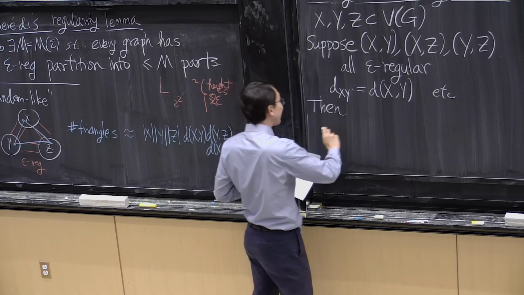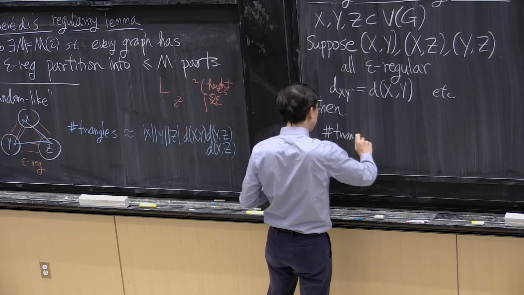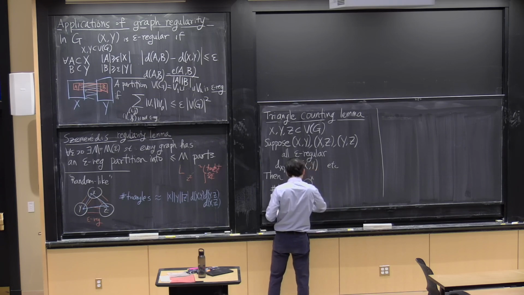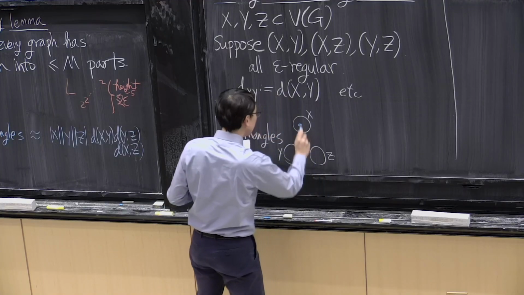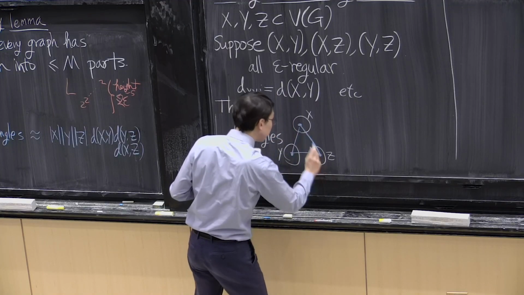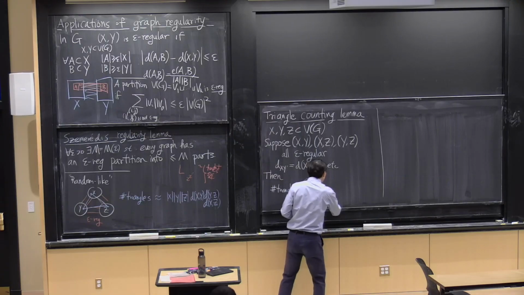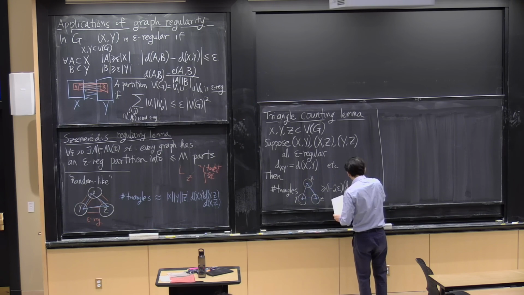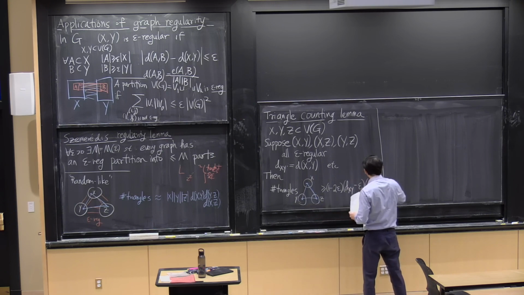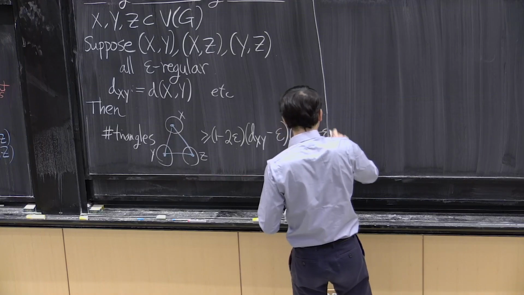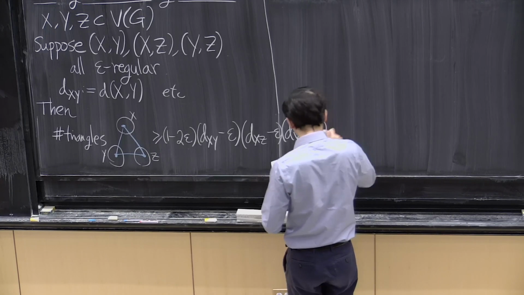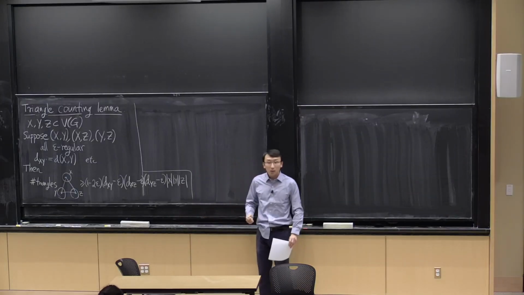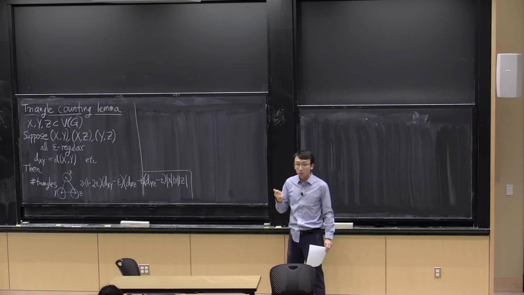The conclusion is that the number of triangles, where I'm only counting triangles with 1 specified vertex in x, 1 in y, and 1 in z, is at least the product I mentioned earlier, up to a potential small error.